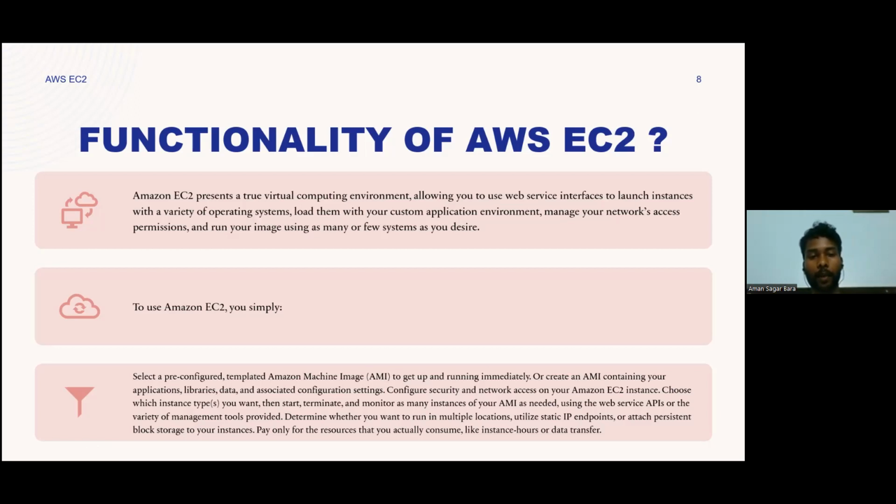It directly gives the operating system that is pre-installed in the hard disk, and we also get the permission and the security. In EC2, we can create only 20 instances across all regions, and if you want more instances, then we have to get permission from the cloud which we are using.